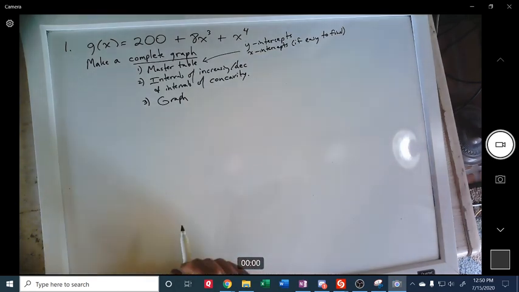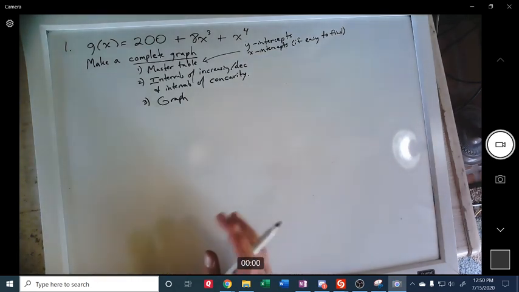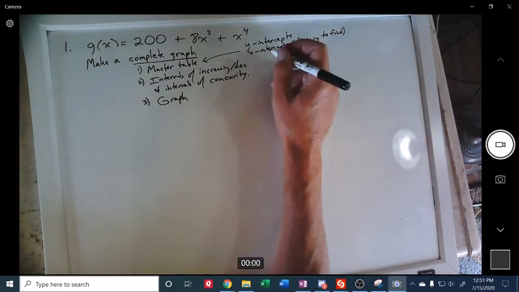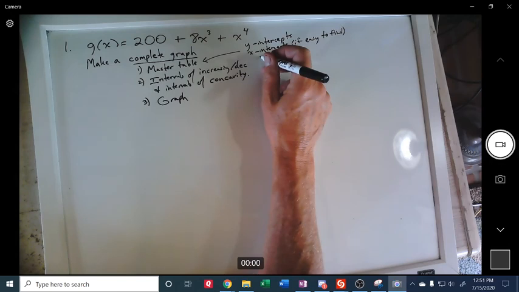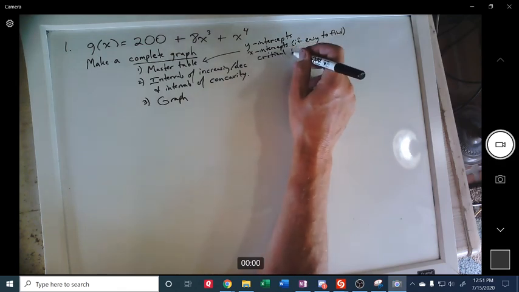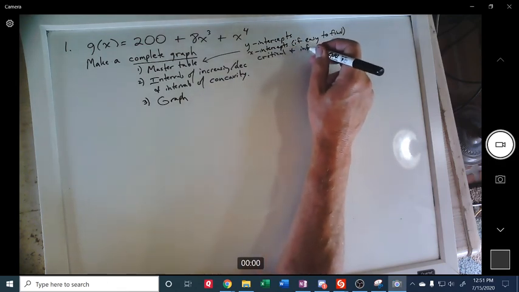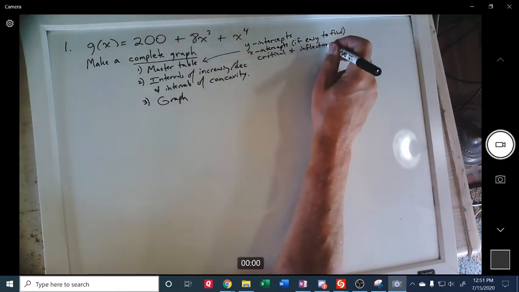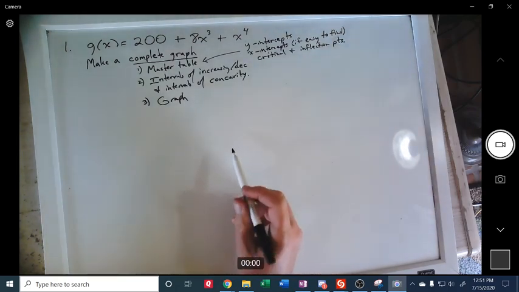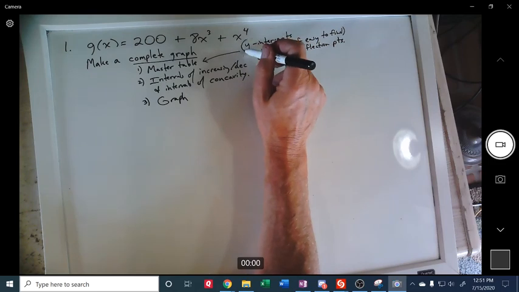You can always find the y-intercept. Sometimes the x-intercepts are too much trouble, but if they're easy to find, you put those in there. And you're going to need critical and inflection points, all in the master table.